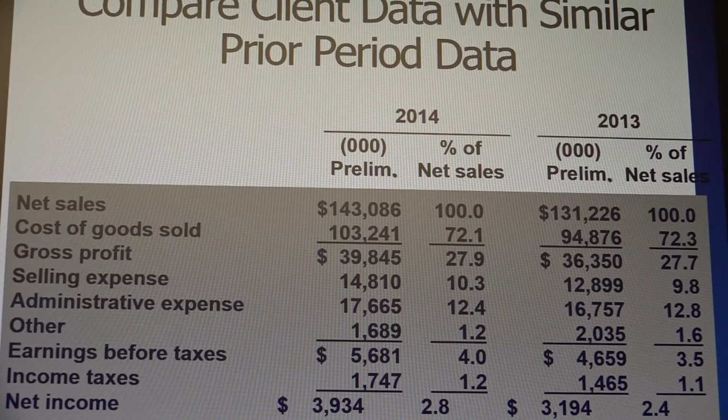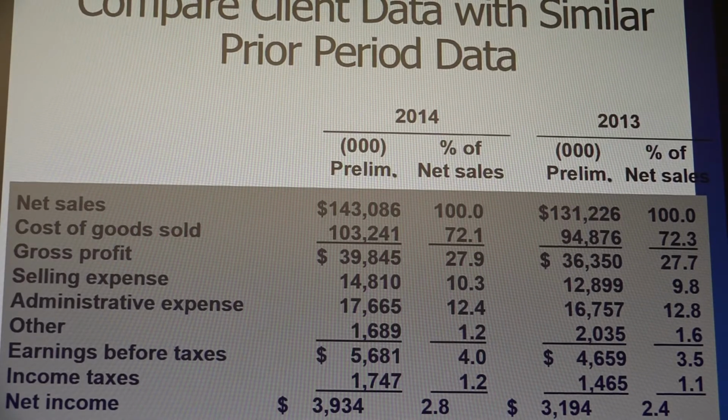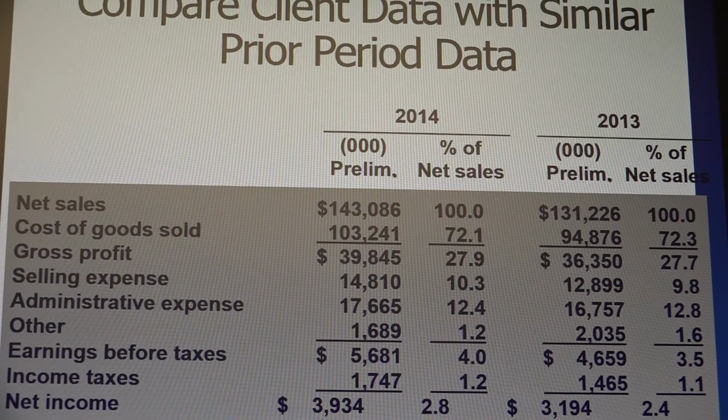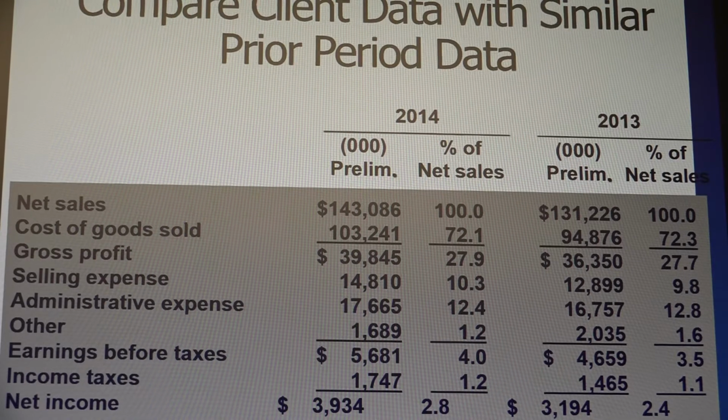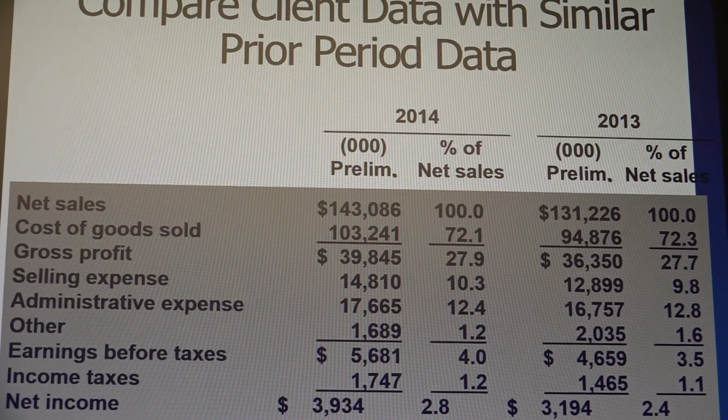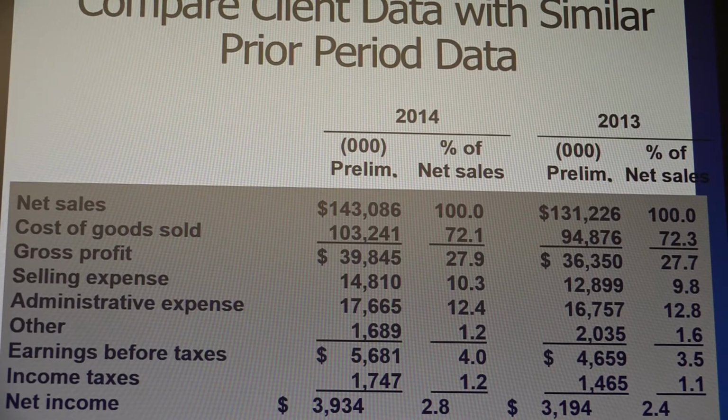And so here you're comparing client data with similar prior period data, and here you're benchmarking net sales and comparing all the other components of your income statement with net sales. And so as you see in this example, this company has net income in 2014 that's 2.8% of sales, as compared with 2.4% in 2013.